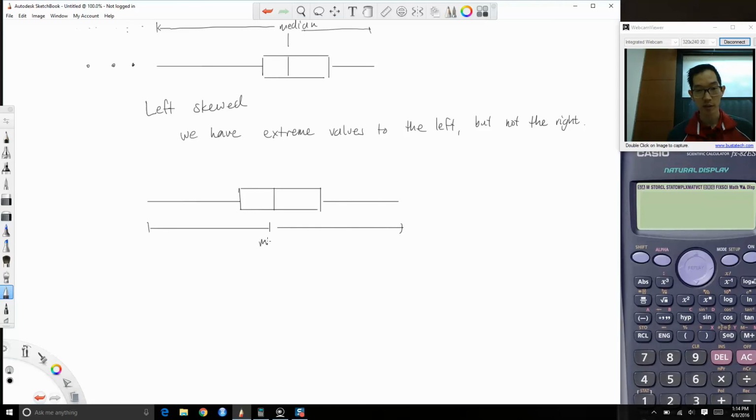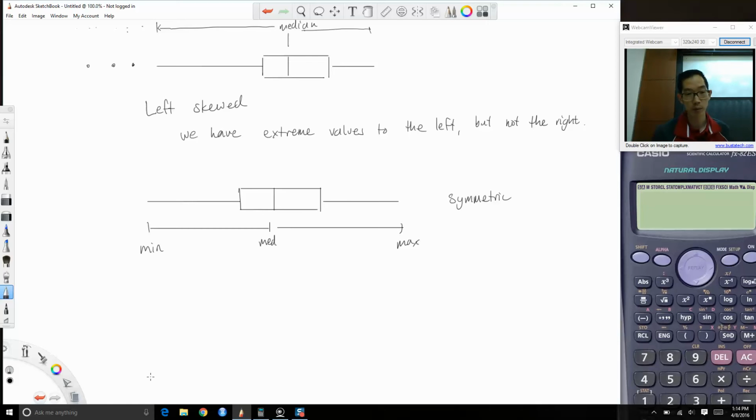We can see here's the median, here would be the maximum, and here's the minimum, and this gives us the sense that our data is pretty symmetric. Okay, so just looking at a box plot, we get a sense of the data.